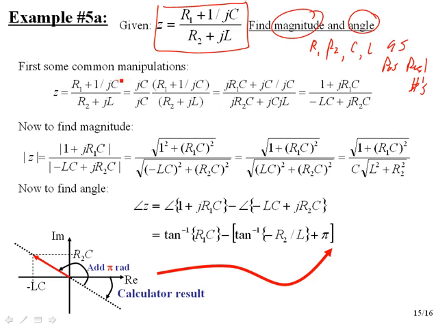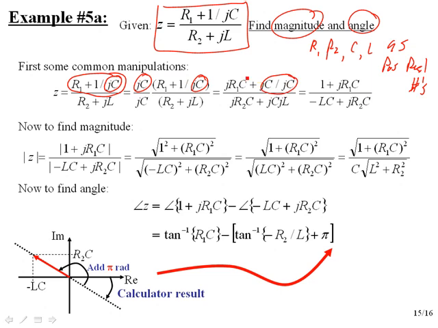Here we see that we've got a j in the denominator, so this top part isn't even really in rectangular form yet, so we have to worry about that first. One common trick when you see a j in a denominator is to multiply through top and bottom by jC in this case. When we do that, this jC will end up canceling that jC.